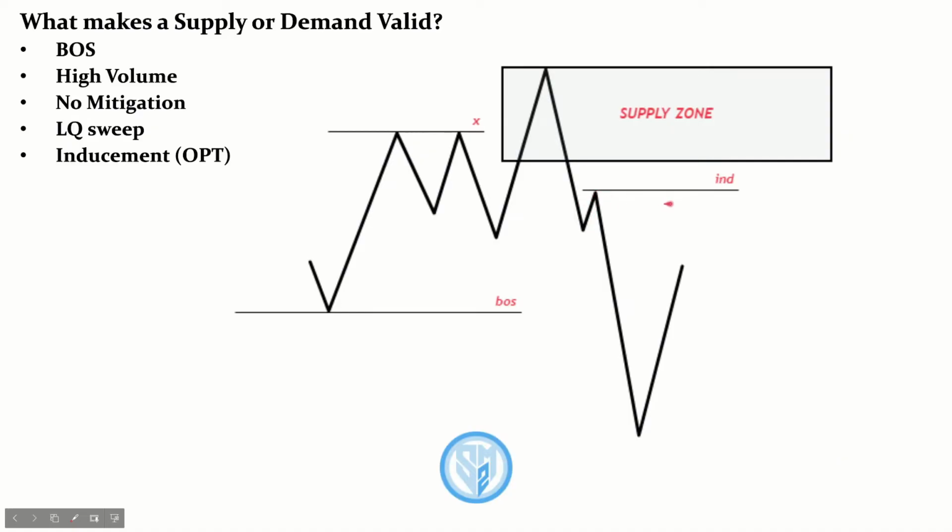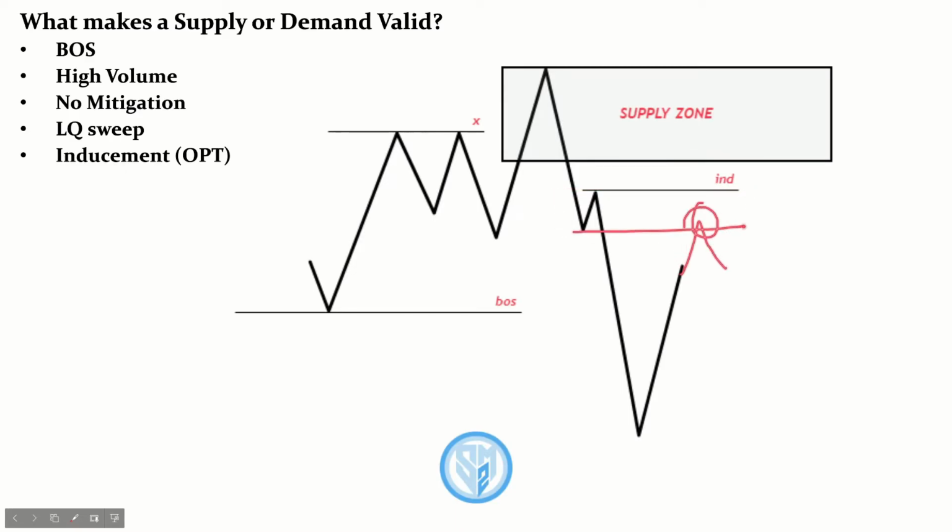We need a level below our supply zone that is going to induce early sellers, which means that early sellers in this market are going to be selling from this level. So price is going to induce all of the early sellers.